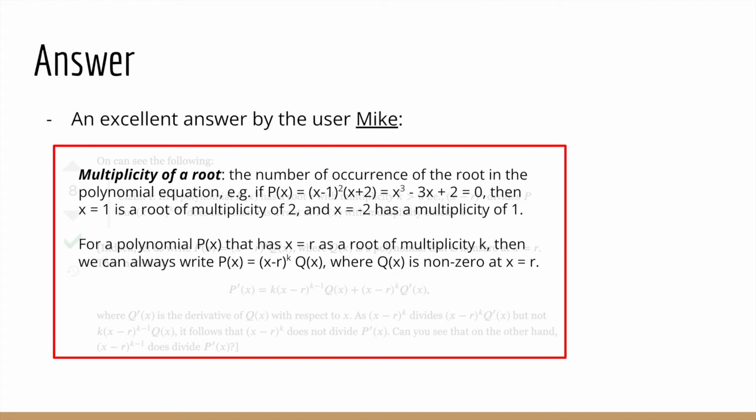Now comes the proof for the claim. If r is a root of p(x) with a multiplicity of k, then we can rewrite p(x) as (x minus r) to the kth power times q(x), where q(x) is a polynomial that is non-zero at x equal to r, or in other words, the polynomial q(x) does not have r as its root.